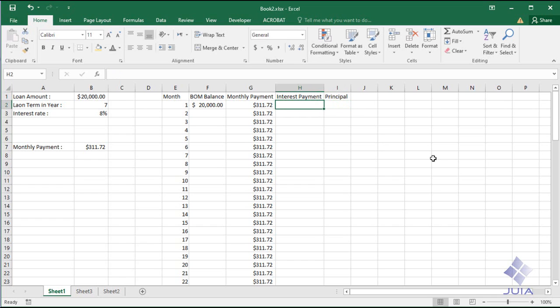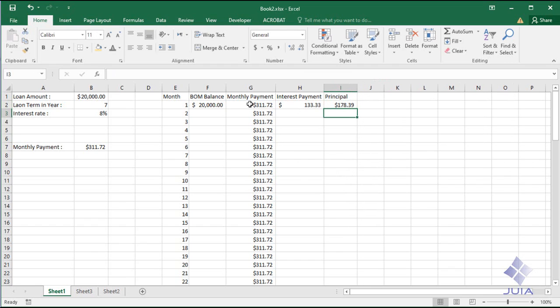So the interest payment is going to be the total balance multiplied by the interest rate in monthly terms. And the principal is simply the total payment minus the interest payment. So from this figure, we're paying this much for interest in the first month, and this figure for the principal.